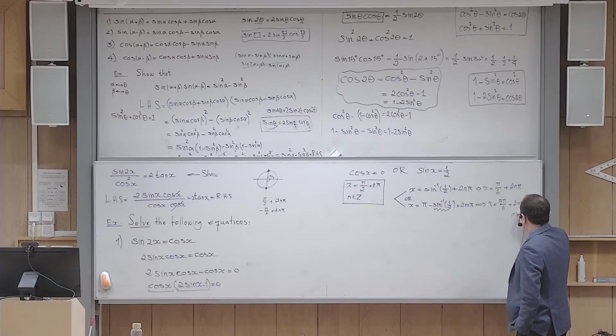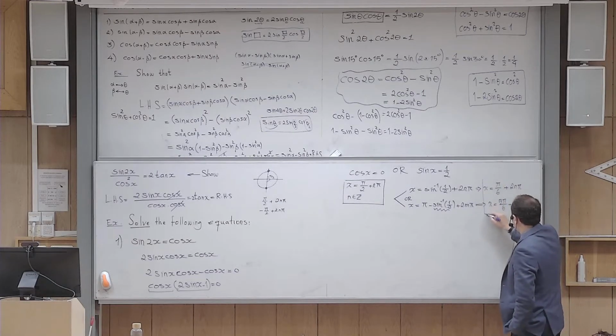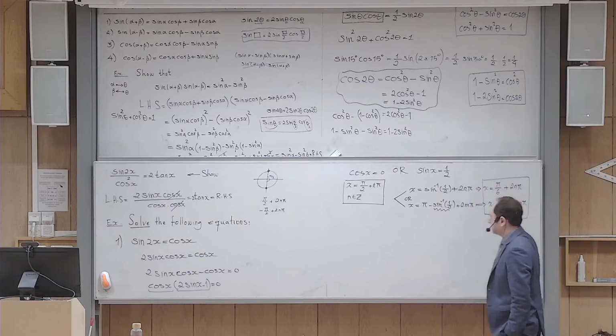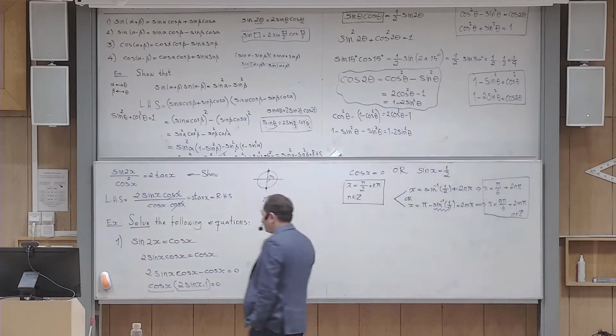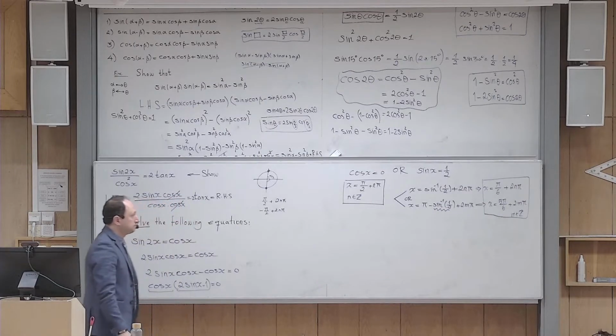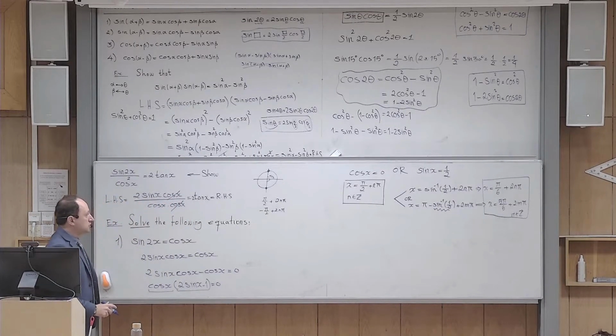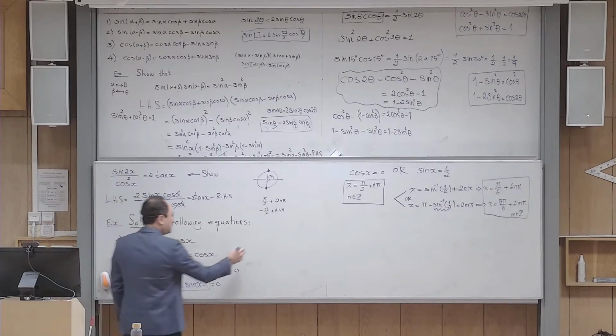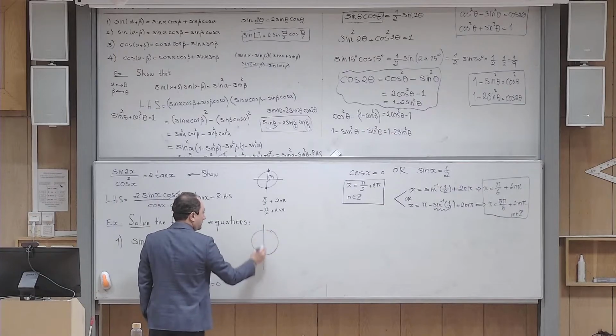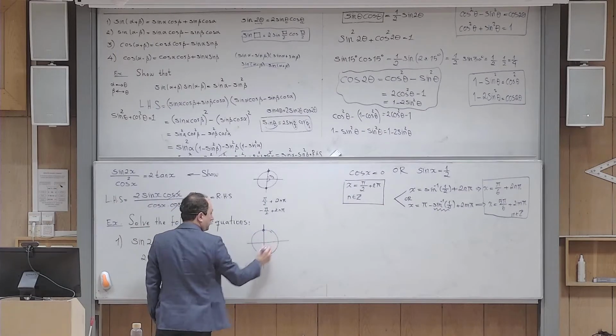Okay, so m also belongs to Z. So there are 3, but how many points are there if you want to visualize it? So you see 2 points are here and there. 1 point is here and 1 point is here.